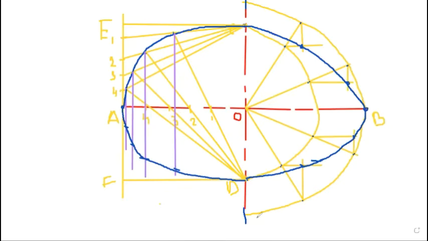So this is called the concentric circle method. And this is called the oblong method.